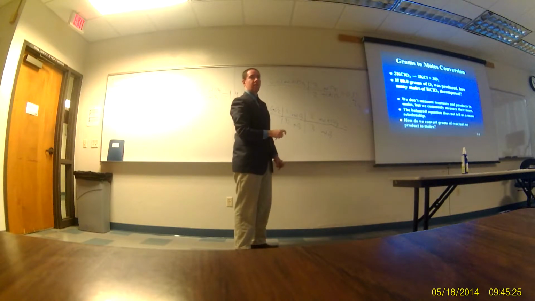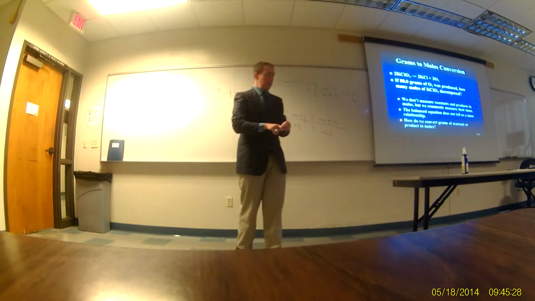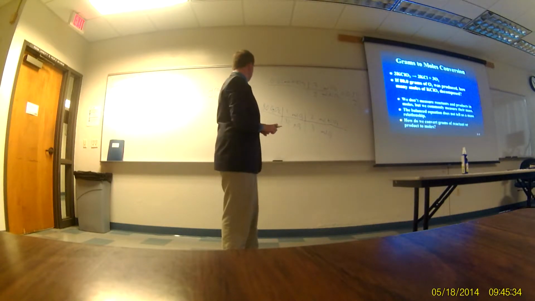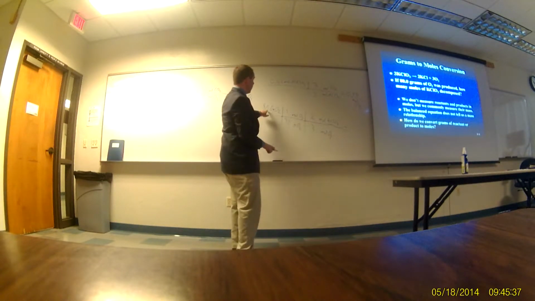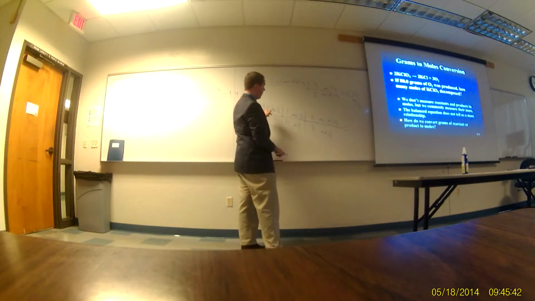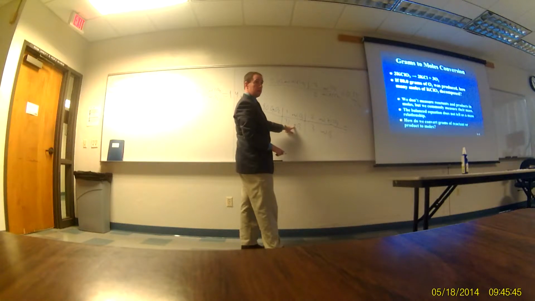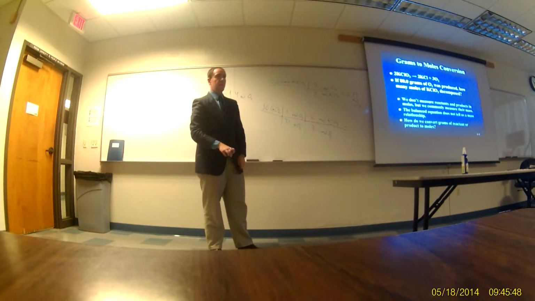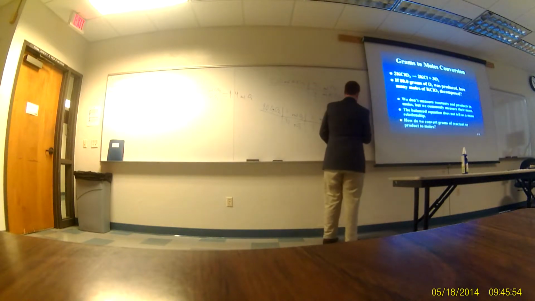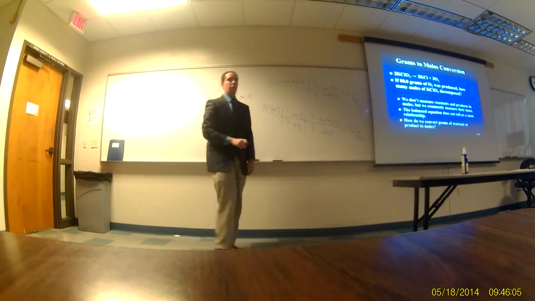Somebody have a calculator? 80 times 2 divided by 32 divided by 3. 1.6666. How many 6s do we have? 1.67 moles of KClO3.